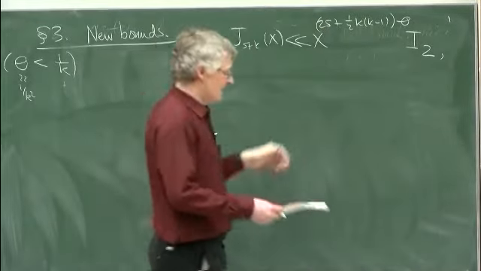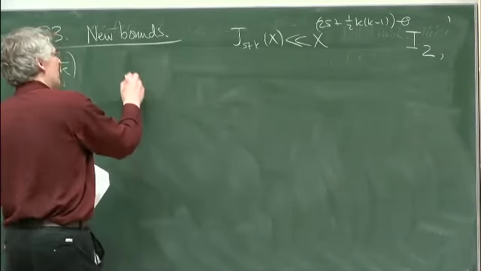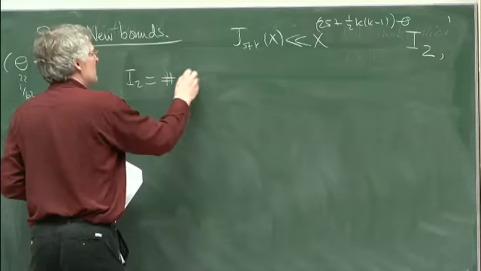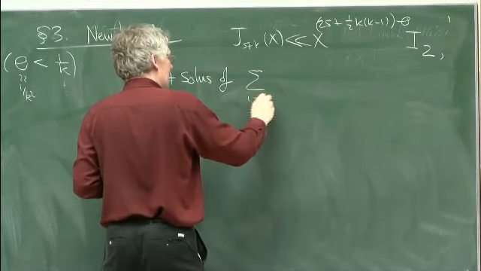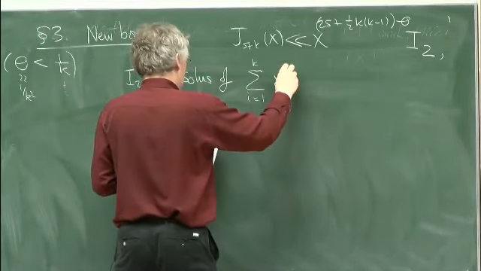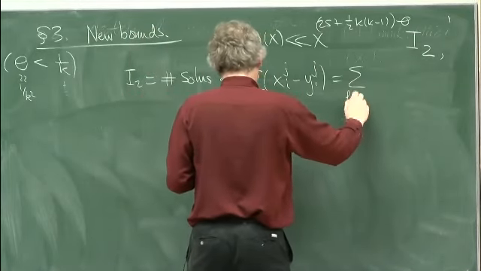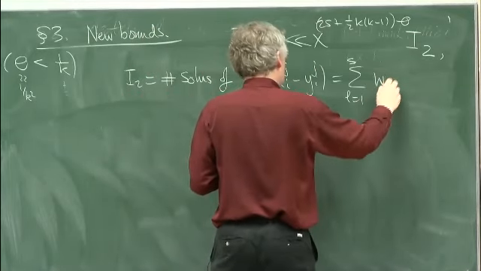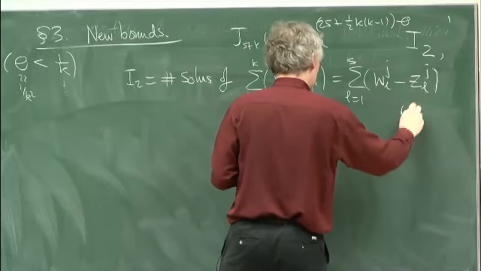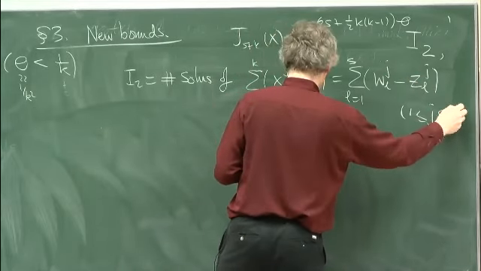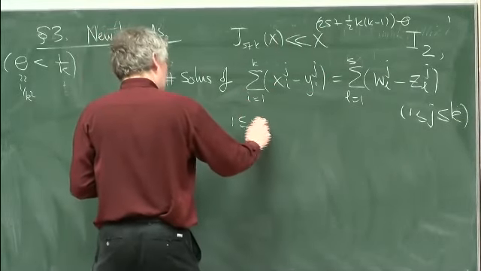So I2 is now going to exhibit this congruence condition, which I had before. I2 will be the number of solutions of, well, a similar system of equations as we had before, which actually appear on the board just above my head. So what's going on with all of these variables?